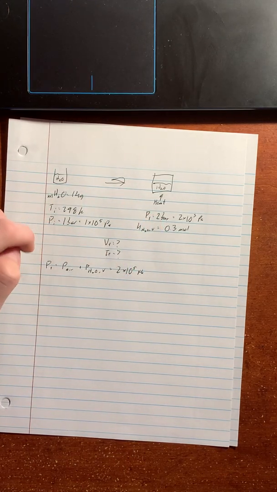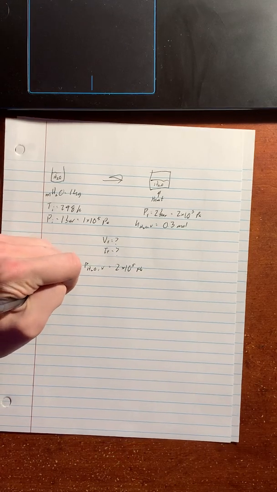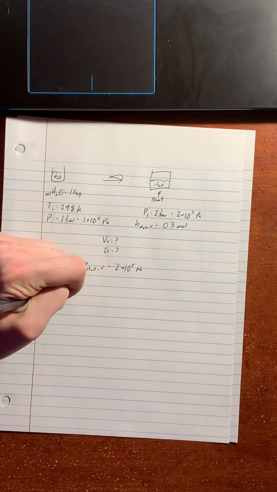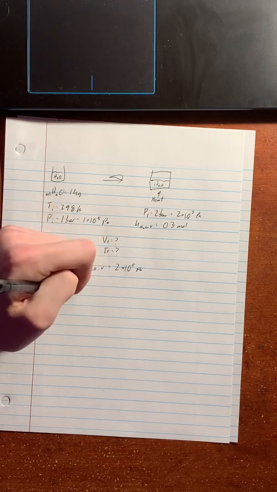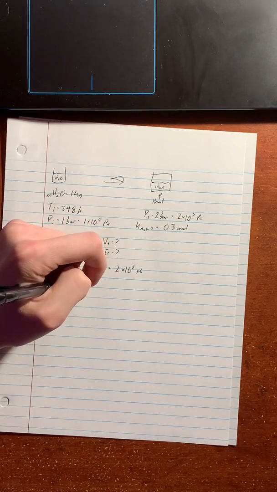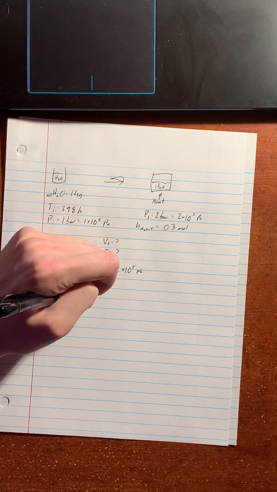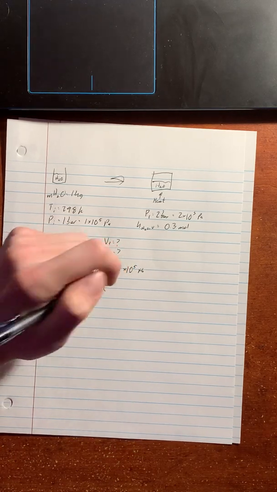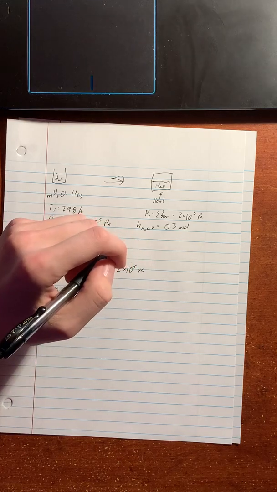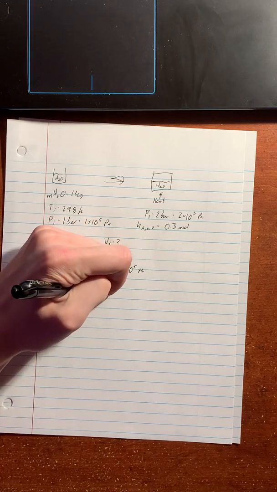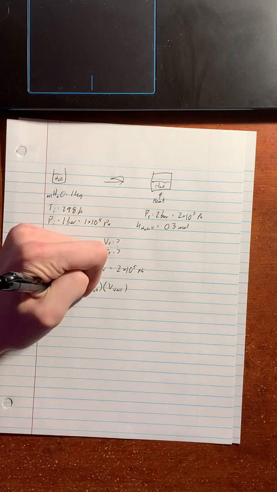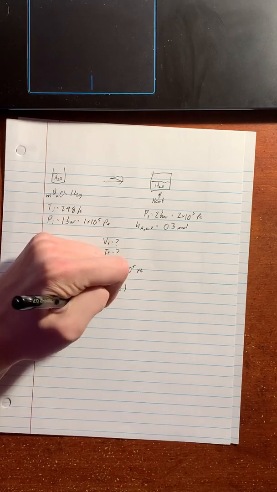So the next equation we're going to write is for the moles in the vapor phase. We'll write that out here, just like we have up there, and that is equal to the partial pressure of water multiplied by the volume of the vapor phase, divided by RT.